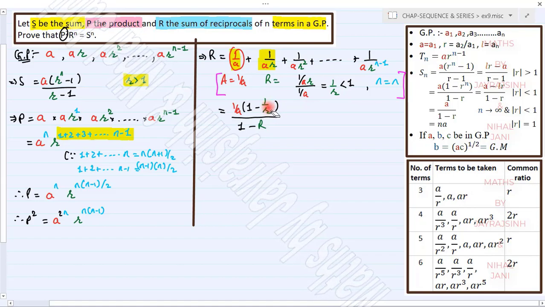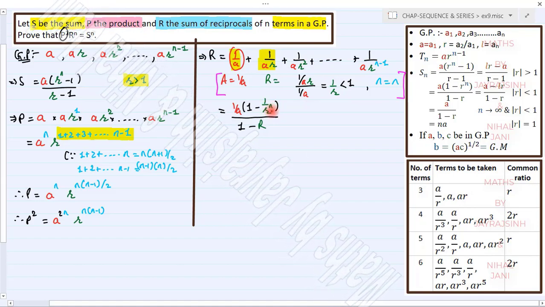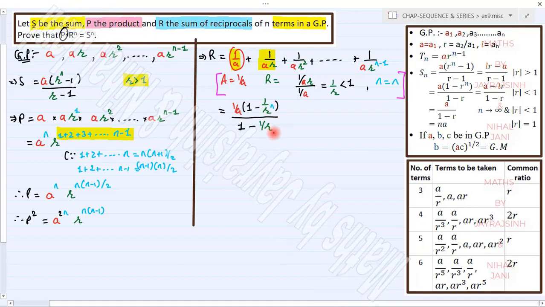So here we'll get 1 upon a into (1 minus 1 upon r raised to n) upon (1 minus 1 upon r).